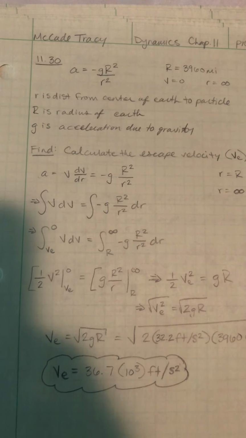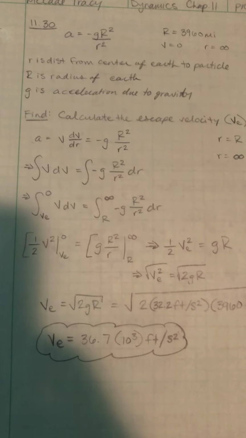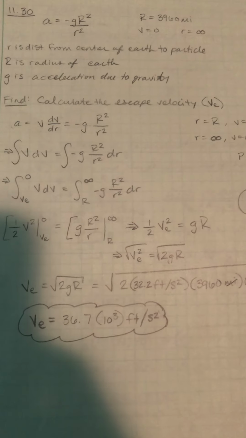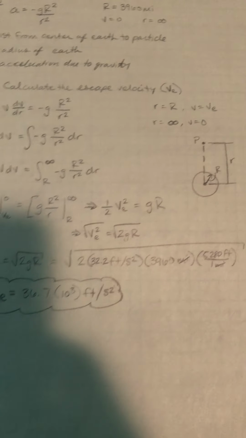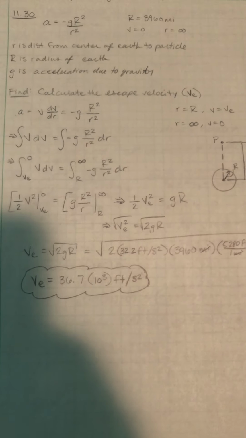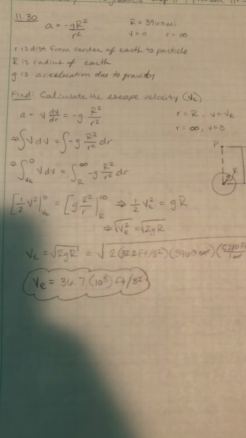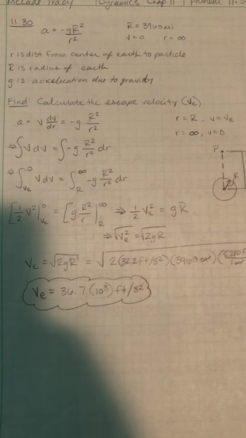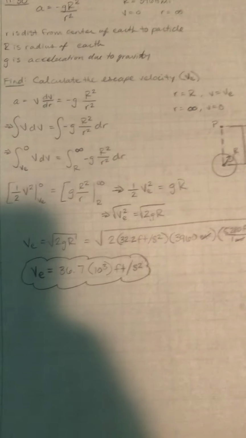We are able to find that our escape velocity is equal to the square root of 2g times capital R, which in this case, g is equal to 32.2 feet per second squared.